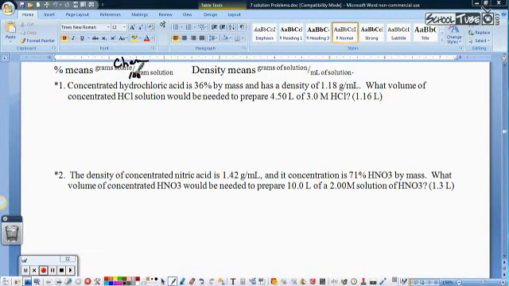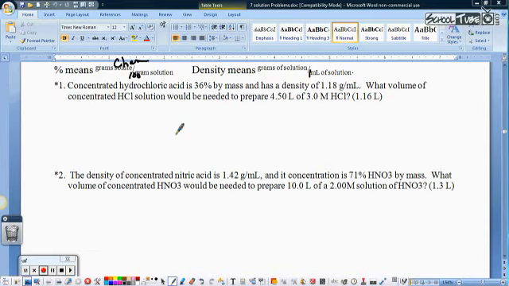Density means grams of solution per 1 milliliter of solution. That's also a specific number. So we have grams of the chemical, which is the solute, over 100 grams of solution. That's our percent unit. Density means grams of solution per 1 milliliter of solution.